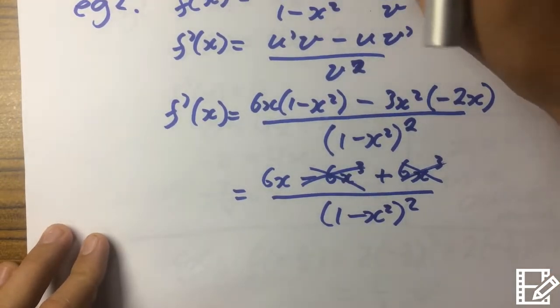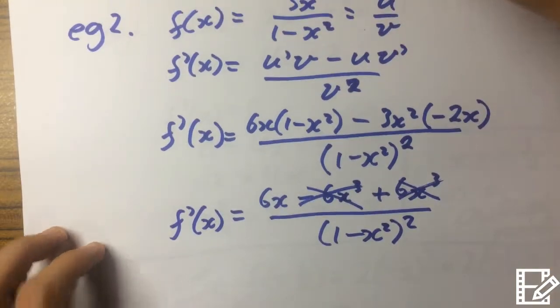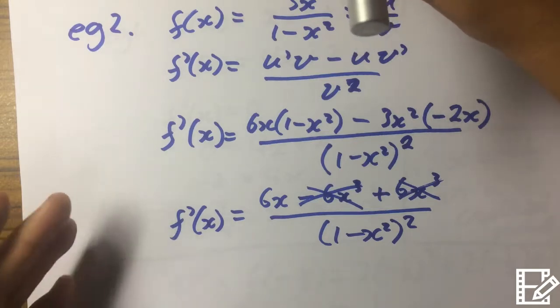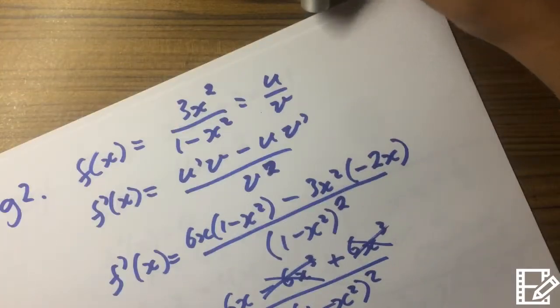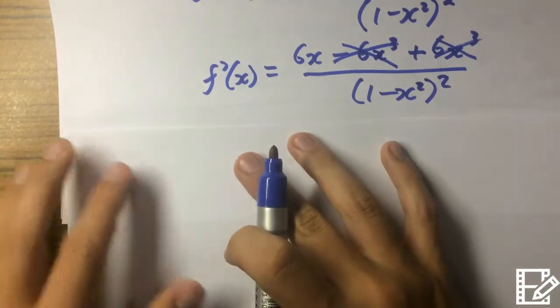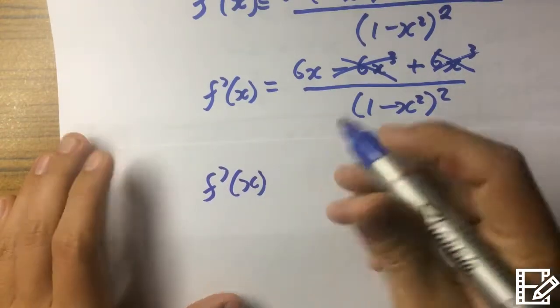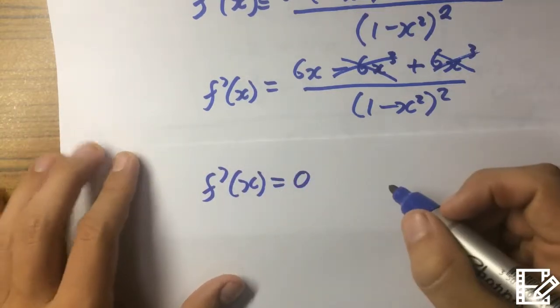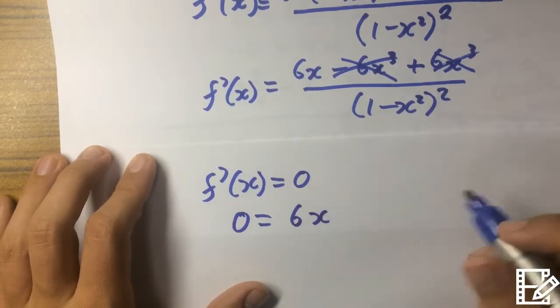So now, here's when we get to the derivative equals 0 and the derivative is undefined. Okay, so let's start with, when you set the derivative equal to 0, you basically have 0 equals 6x.